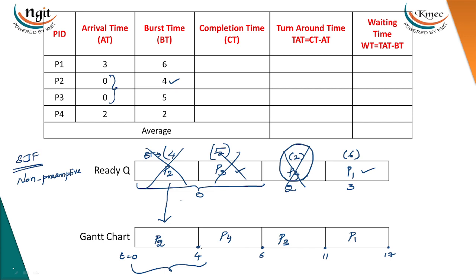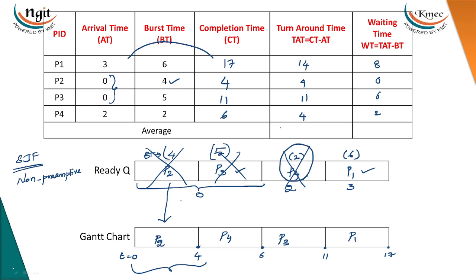Okay, now write down the completion times of each process. P2 completion time equal to 4, P4 completion time equal to 6, P3 completion time 11, P1 completion time equal to 17. Now calculate the turnaround times and average waiting times. You will get 17 minus 3, 14, then 4, then 11, 4, and it is 8, 0, 6, and 2.